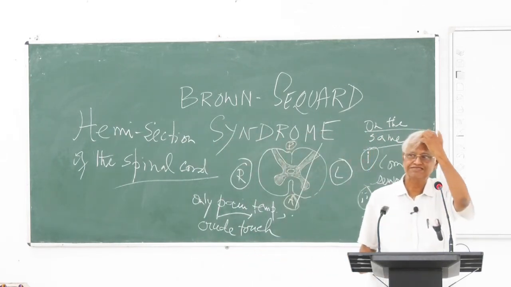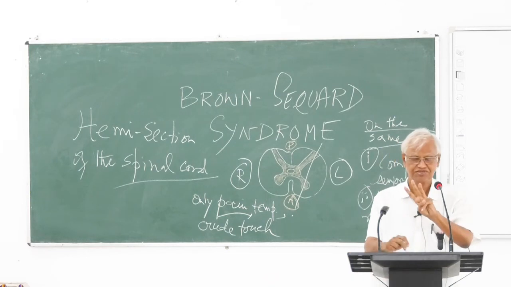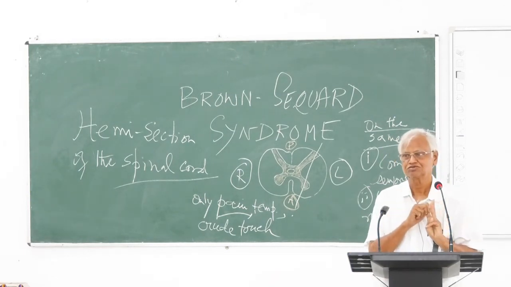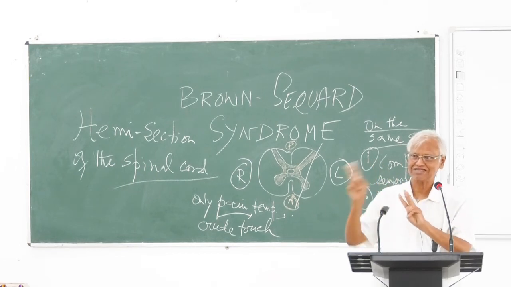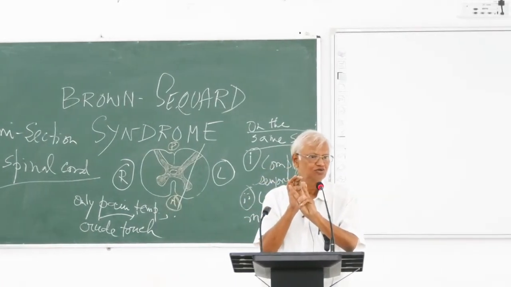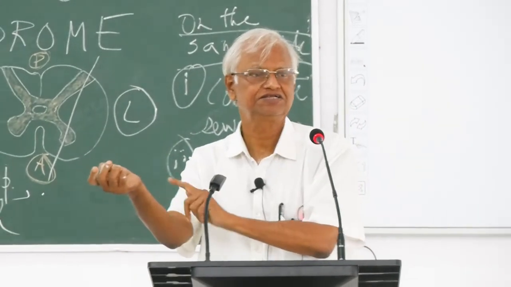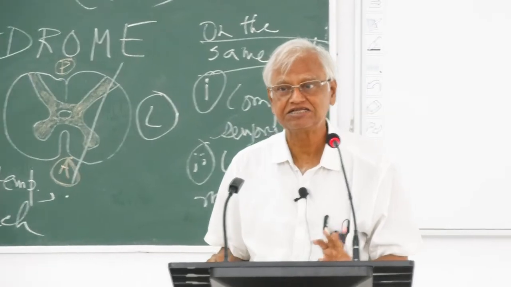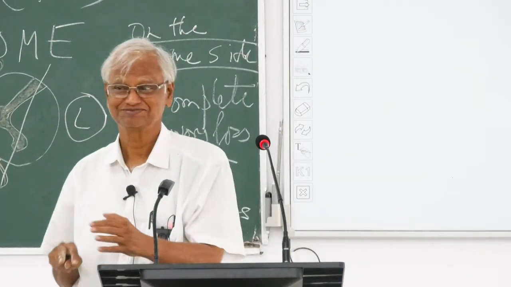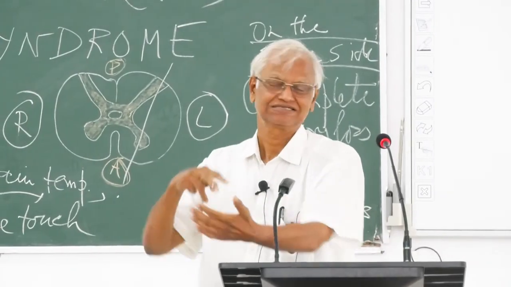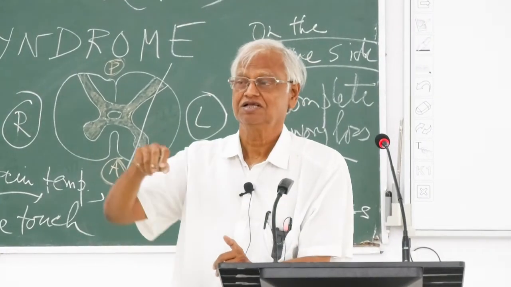You know, touch sensation may be of two types: crude touch and fine touch. Fine touch has tactile localization, where it is touched, and tactile discrimination, one point or two point.